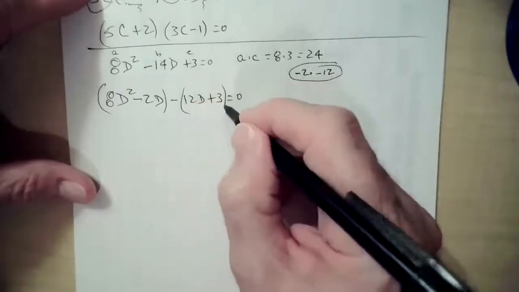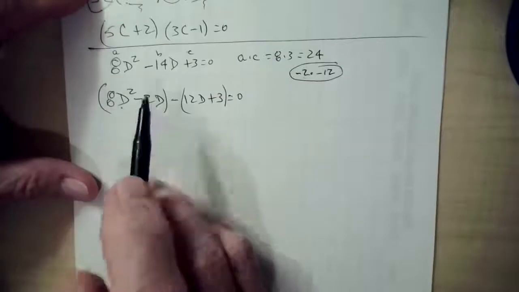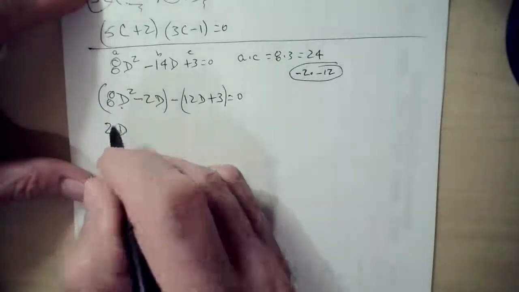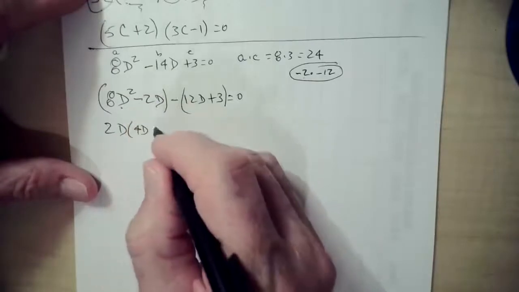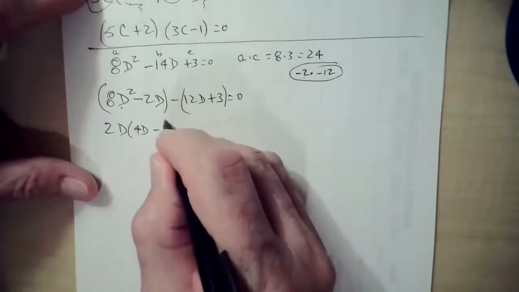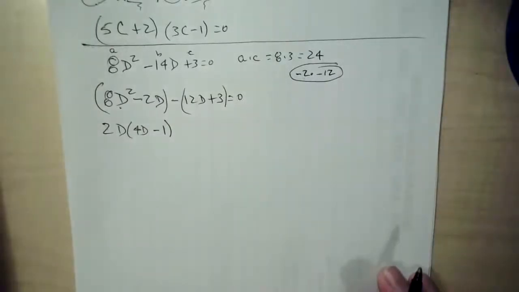Okay, we're going to group these together and these together. Now what can we factor out of here? 2d times 4d minus 1.